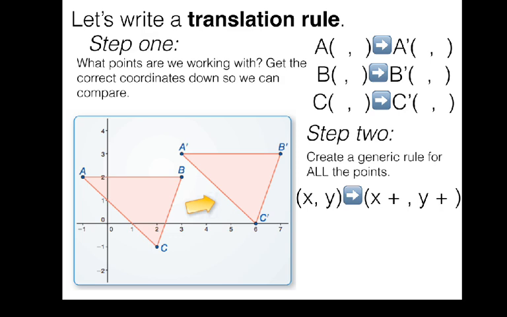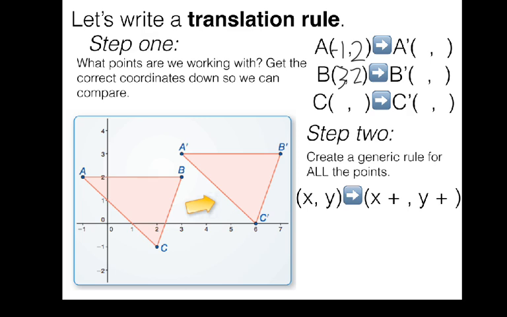So I'm going to look down here, and I'm going to see where's my A, where's my B, where's my C. Well, first off, A is at -1, 2. B is at 3, 2.